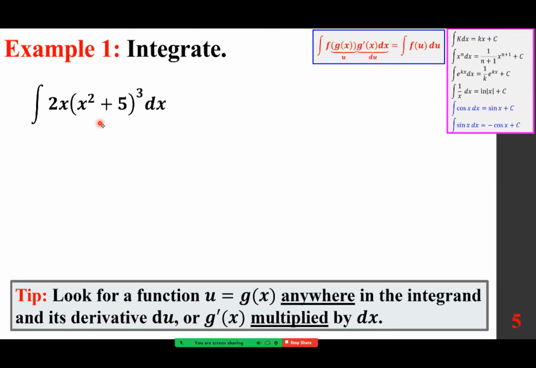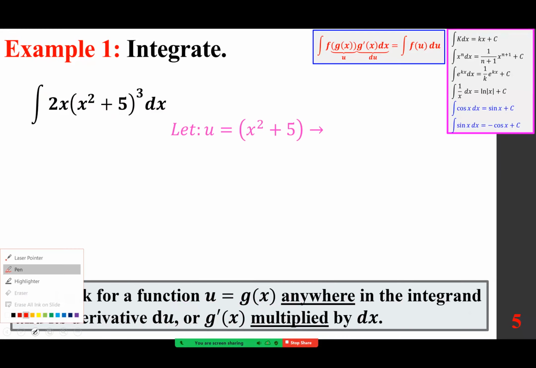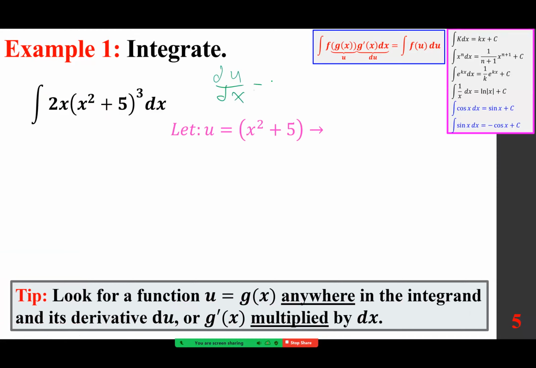Whenever you have polynomial functions, the one which is more complicated is a choice of u, in this case x squared plus 5. If I were to differentiate, then du dx becomes simply 2x. Therefore, du is 2x dx. I'm going to move the 2x next to dx.